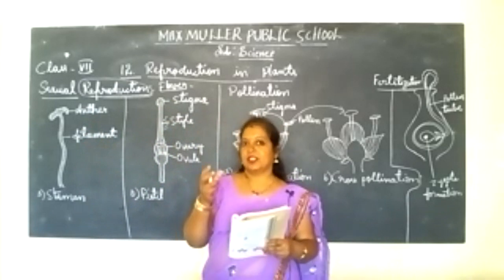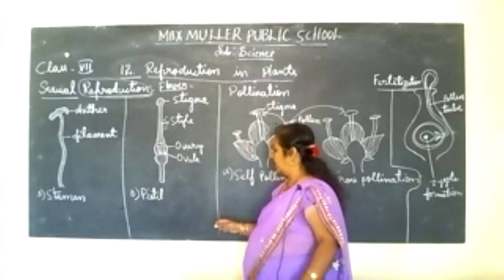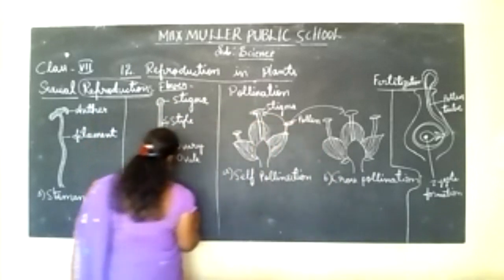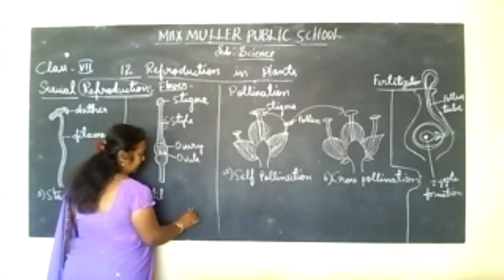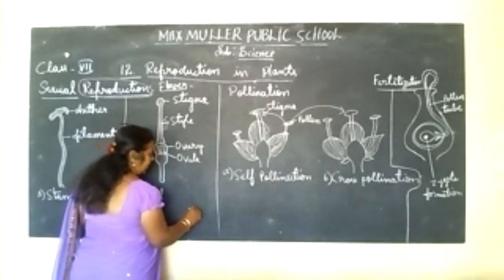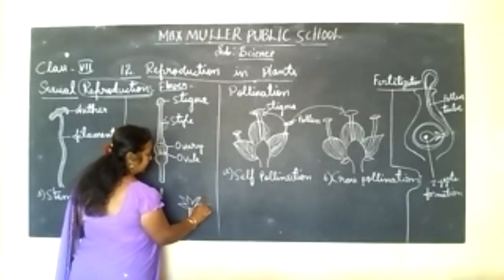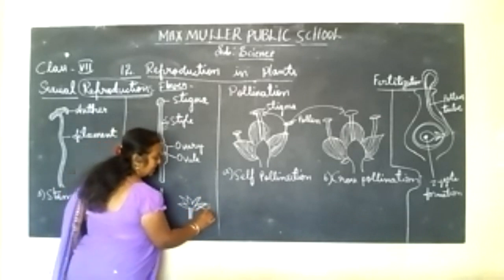See, first when you see the flower from below, there will be a green colored part. Any flower you see has a stalk like this. This is the stalk of the flower and it will be green in color. Then we will get small petals like this. Sorry, these we will call the sepals. They are green in color.